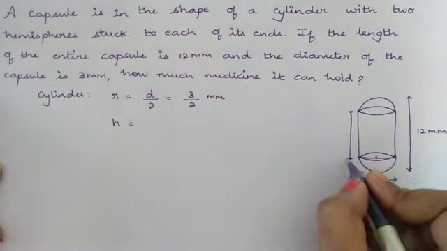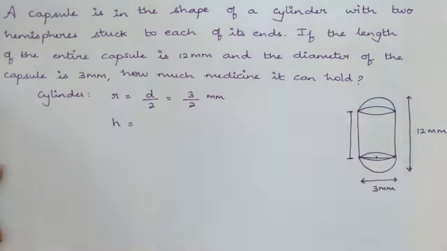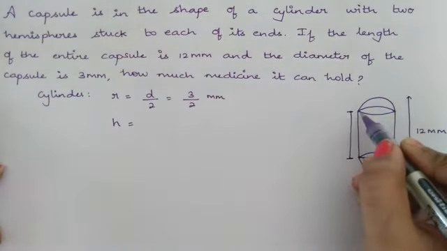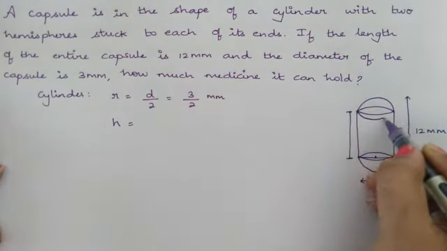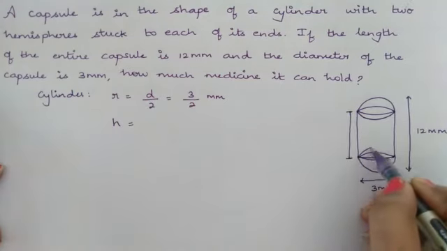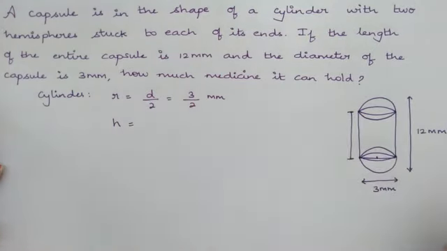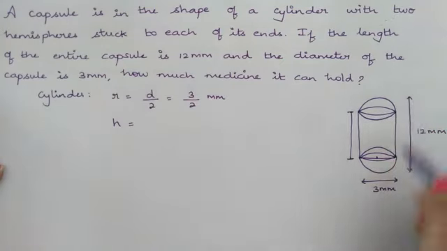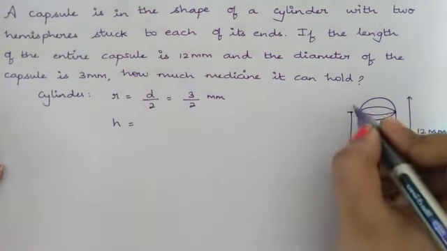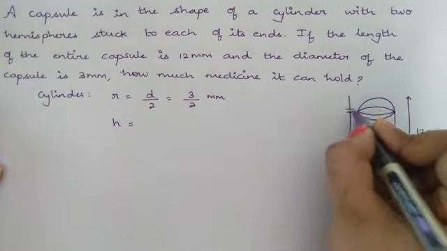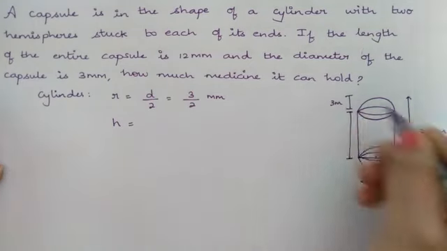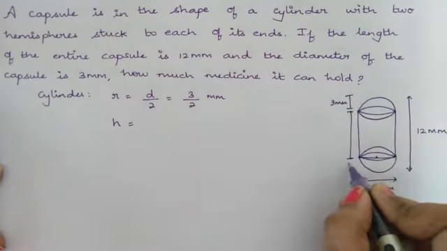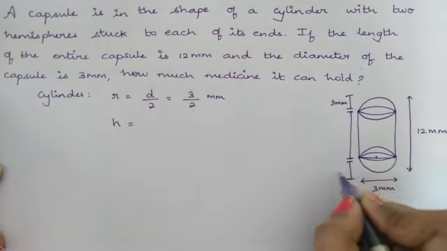We are having hemispheres, right? So these hemispheres are stuck to the top and bottom of the cylinder, yes or no? So now just remove the diameter of the hemispheres in the top and the bottom. This distance 3 millimeter, remove it. This distance again 3 millimeter, remove it.